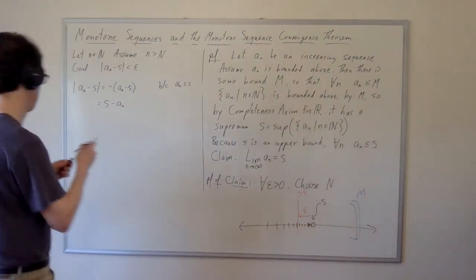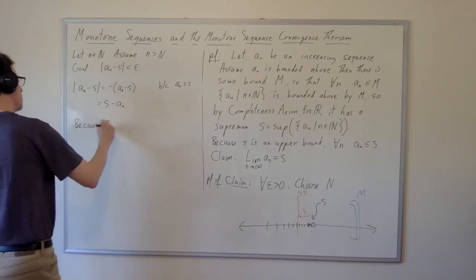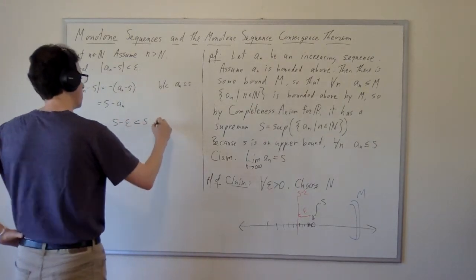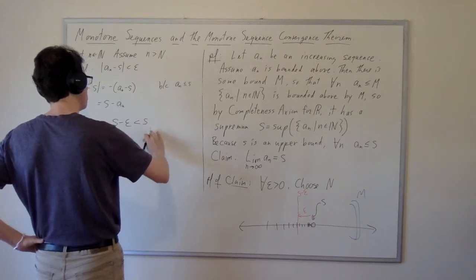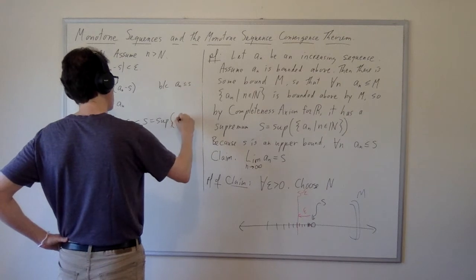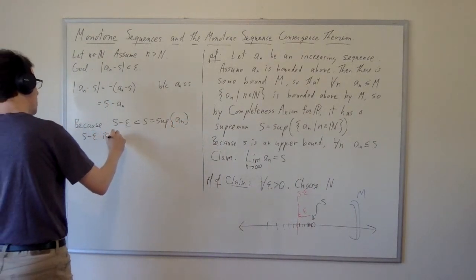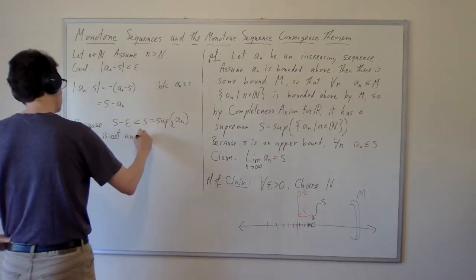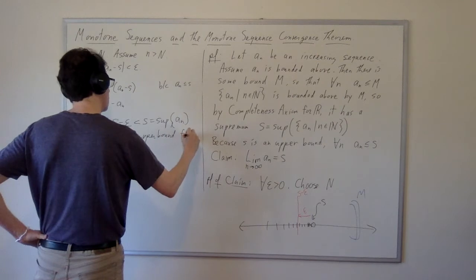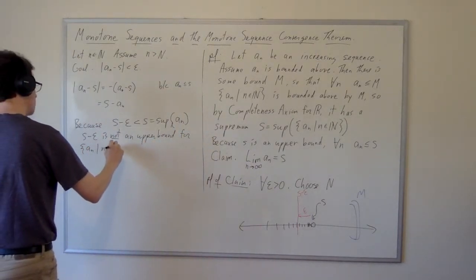So because s minus epsilon is less than s, which is equal to the supremum of all the ans, s minus epsilon is not an upper bound for the set of all ans, where n comes from the naturals.